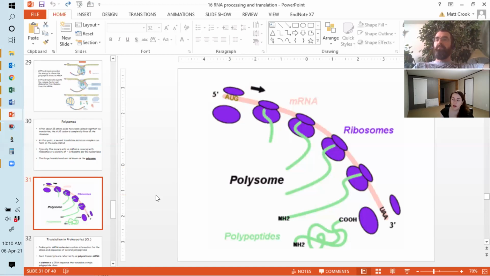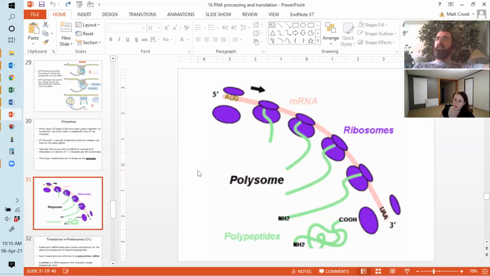So what would stop the cell from making a lot of copies of the protein, like forming at the AUG and then starting over and over, making more copies there? So that's essentially, good question. That's part of the control of gene expression.